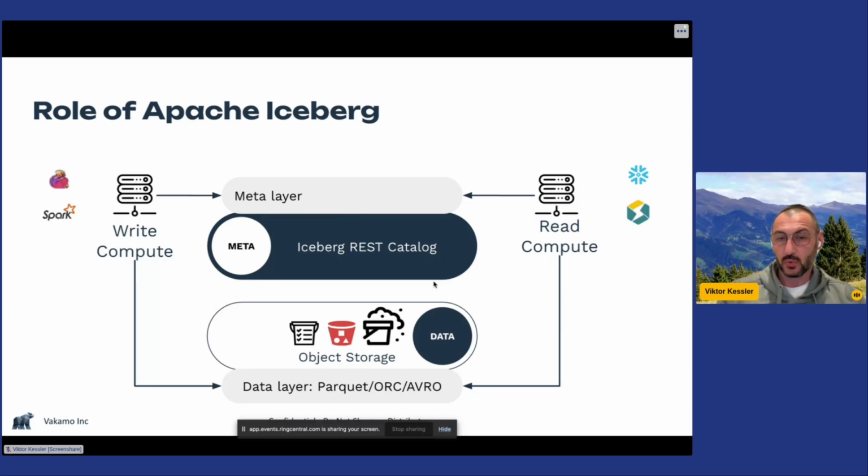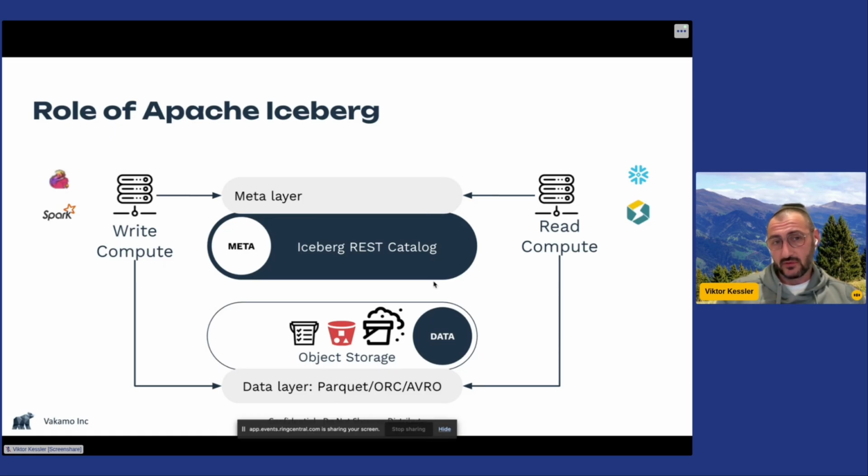It's an object storage where you store your Parquet files. You can store ORC and Avro, but usually you will find Parquet. The meta layer is quite interesting, because here we have a so-called catalog, which is responsible for committing a transaction and telling you what the current state of your table is. That is exactly how things are separated in Iceberg.